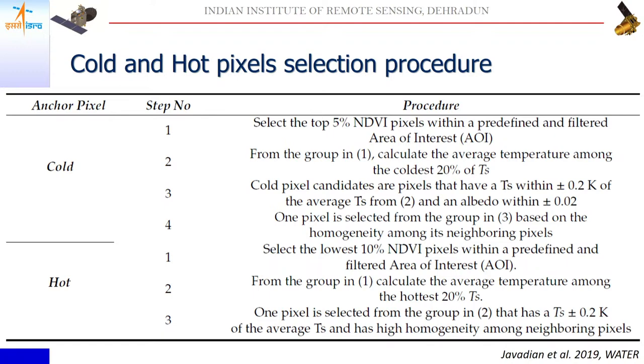Along with this, minimal variability in land surface temperature, within plus minus 0.2 degree Kelvin, and the albedo value should be within the limit of plus minus 0.2 units. If the conditions are followed within a homogeneous patch of pixels, we choose only one pixel as the anchor pixel for cold as well as hot.